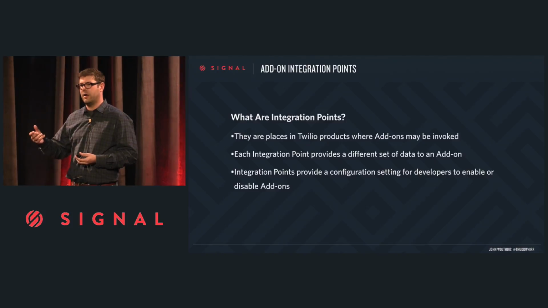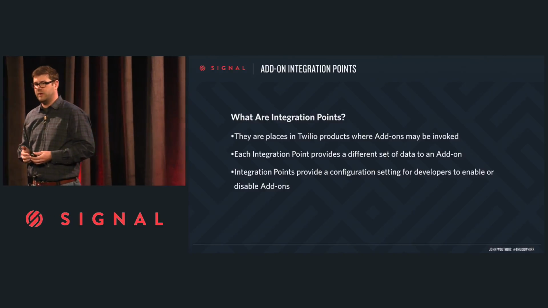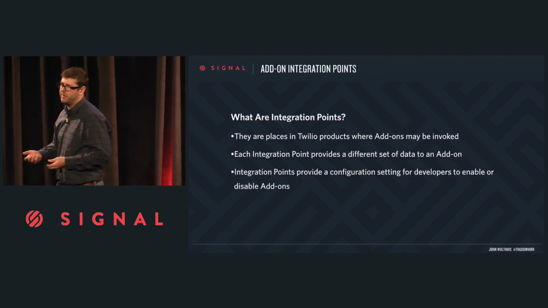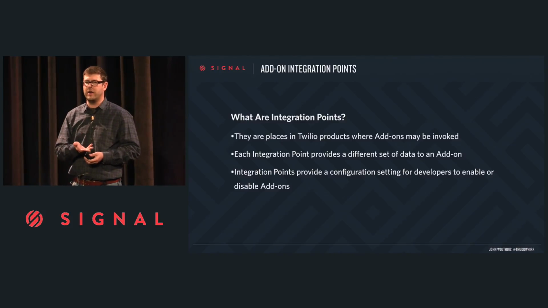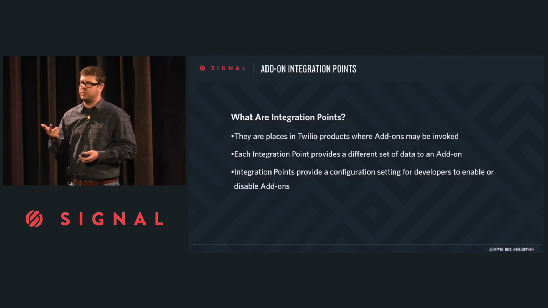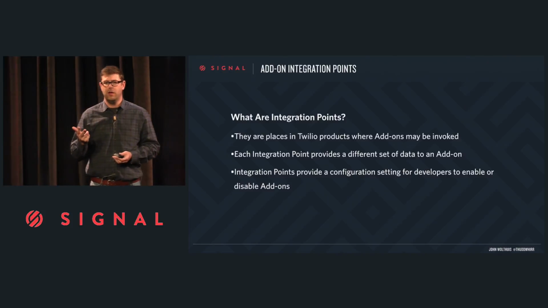So if you write a plugin that can analyze one phone number, it can be applied to different integration points, such as incoming voice and incoming SMS. In the case of an incoming voice call, you have an additional piece of information, which is the phone number being dialed, as opposed to the caller ID that's coming in. So you actually have 2 phone numbers now that you could work with.